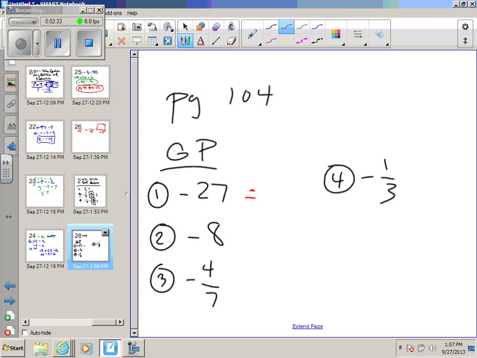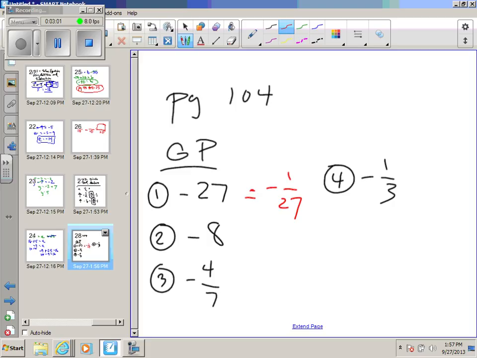Multiplicative inverse of the negative 27. What is it right now as a fraction? Negative 27 over what? Its inverse? The negative 1 over 27. Okay, if it's negative to start with, it's going to be negative after, because we need it to equal 1.